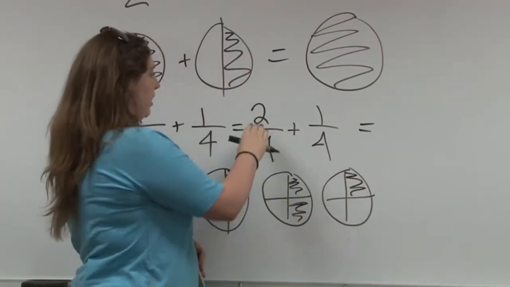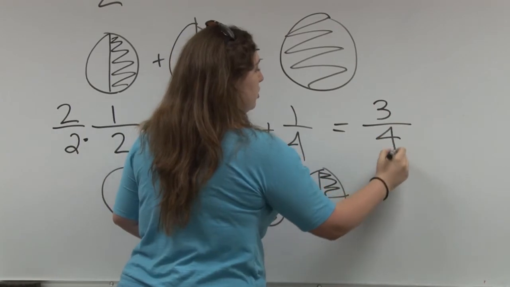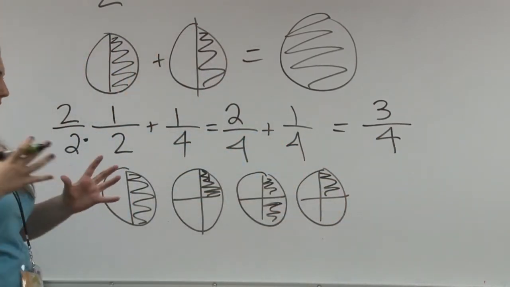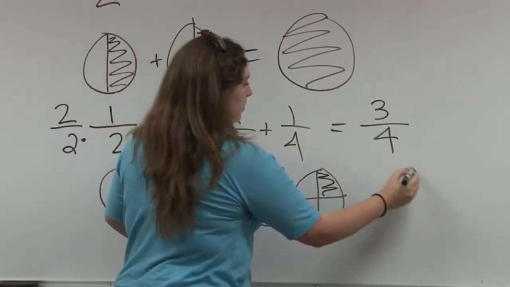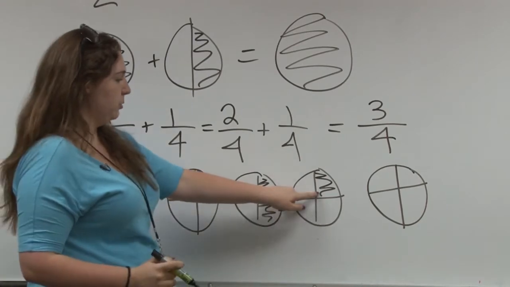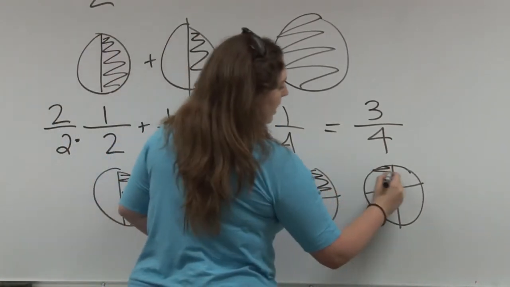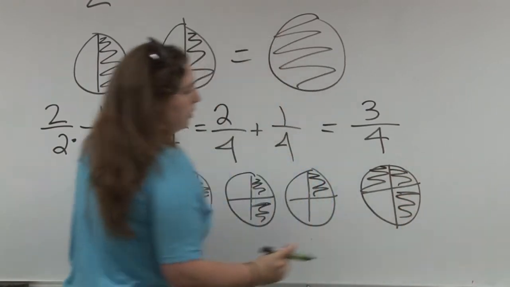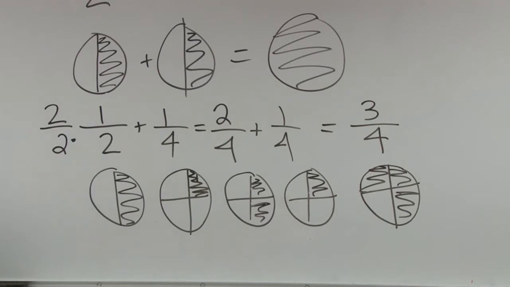So we can see, adding straight across, the denominator always stays the same because we're going to have the same number of parts in this fraction. But because we've combined these 2 parts with this 1, or we've added 2 plus 1, we now have 3/4 of this whole.